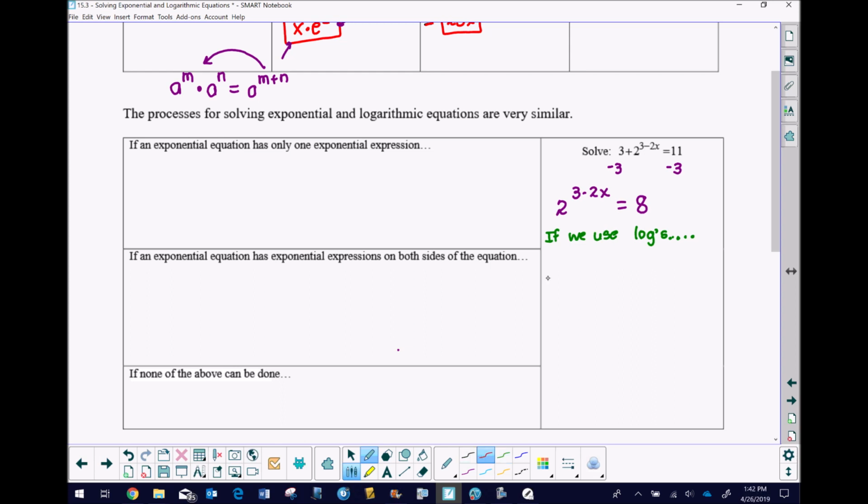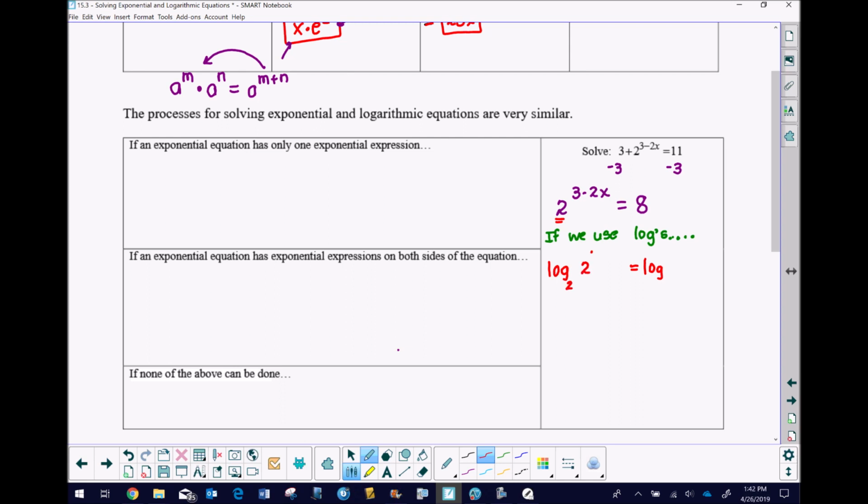Well, we could go ahead and take the log base whatever we want of both sides. The problem is we have to make sure that we use the same base. Seeing as that this is a base of 2, what base do you think we're going to use? Probably base 2.